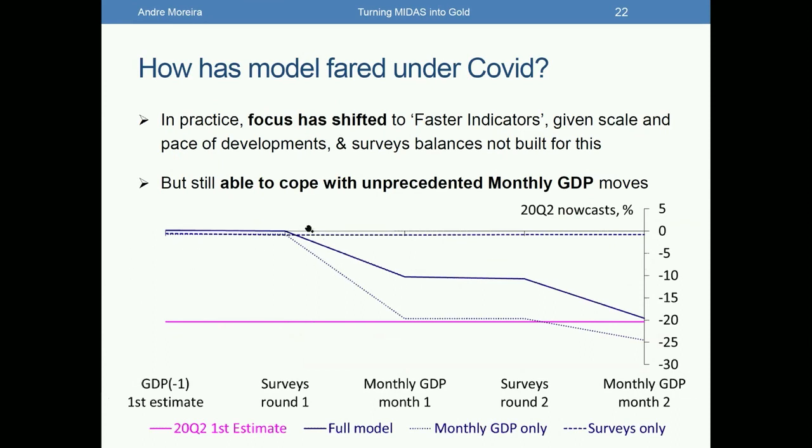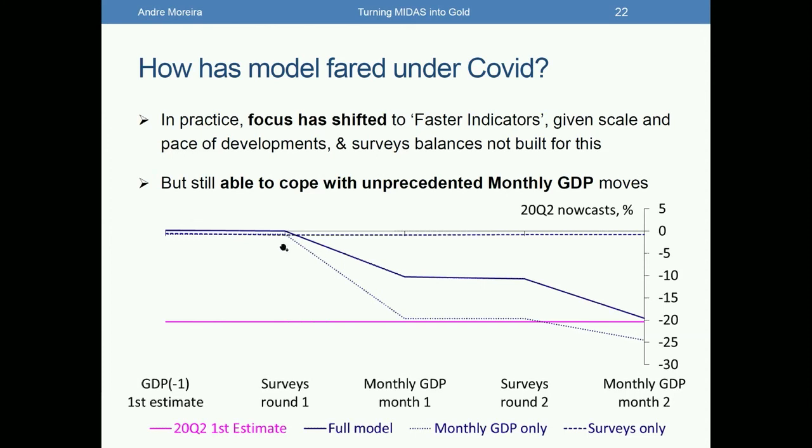Here are the 3 versions of the model, the full one and the 2 nested ones, monthly GDP only and surveys only, during COVID. What you see is the full model doesn't take the April massive 20% fall in GDP at face value, because the surveys don't give quite the same signal for technical reasons. They don't go deep enough.